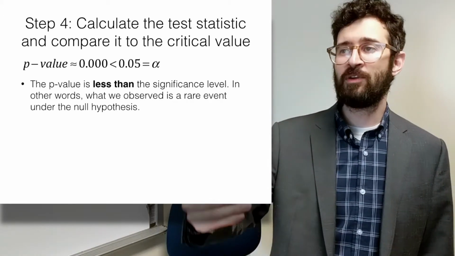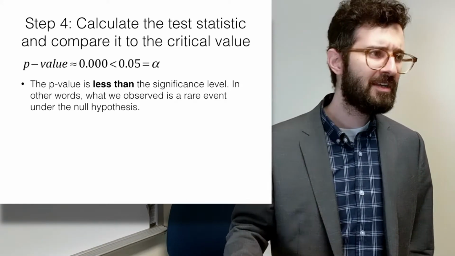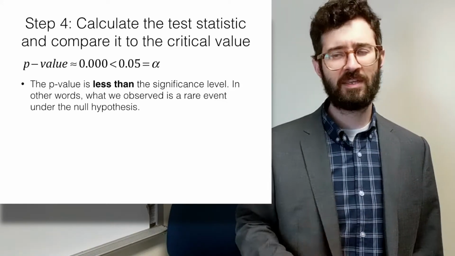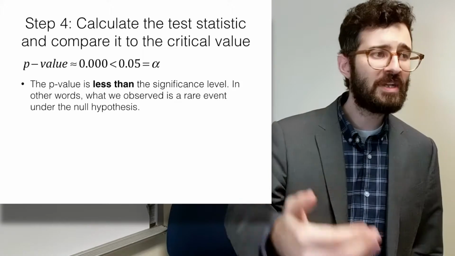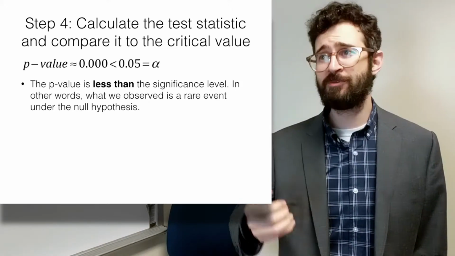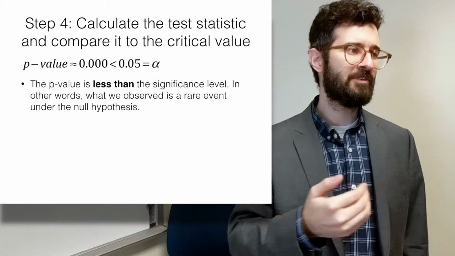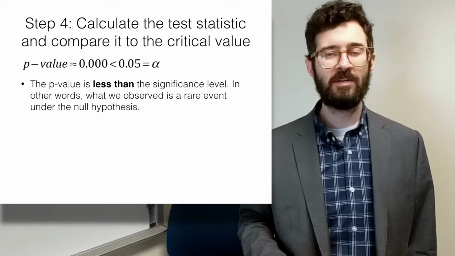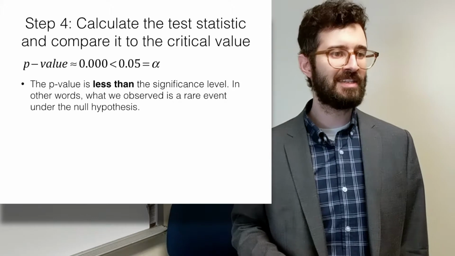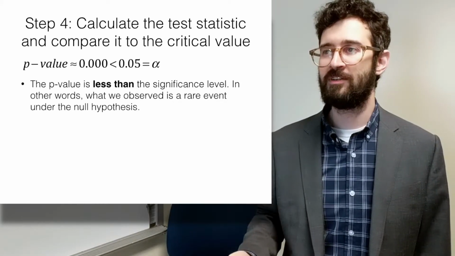So we have this doubting scientist who comes and says, these 2 groups are the same. Well, given the data that we saw, summarized by this p-value, we saw something that was very different from that claim. We saw a lot of evidence suggesting that these 2 groups are different.